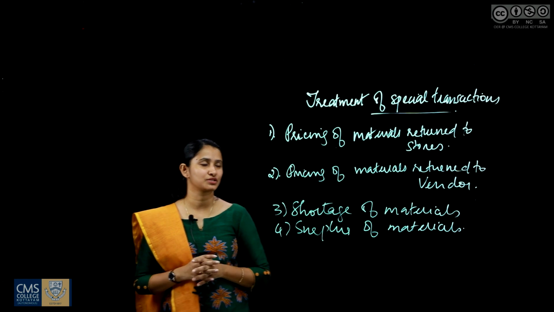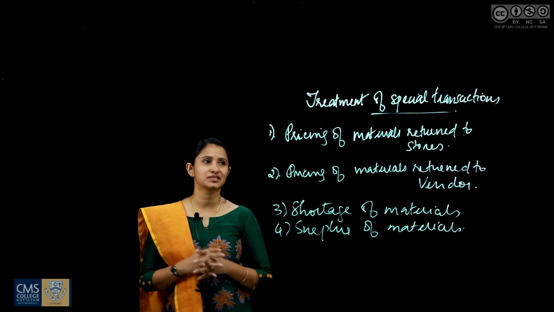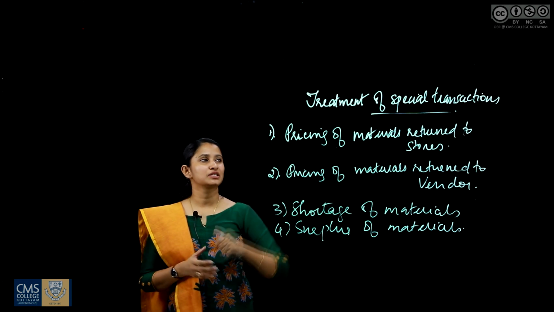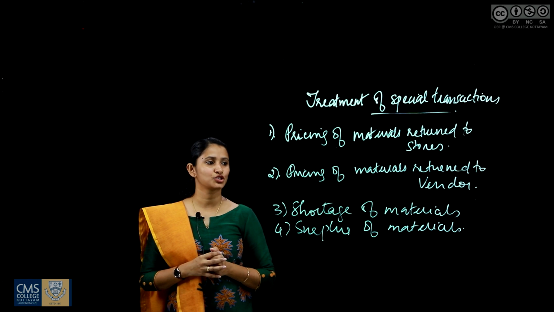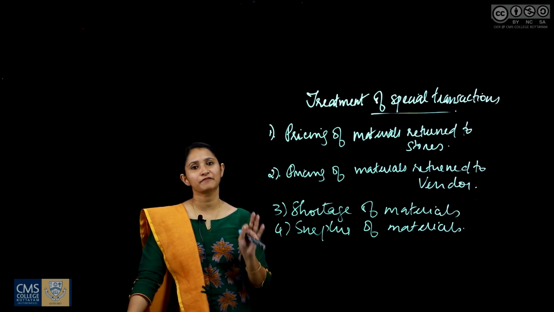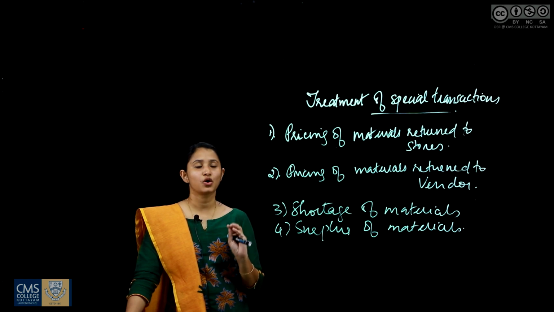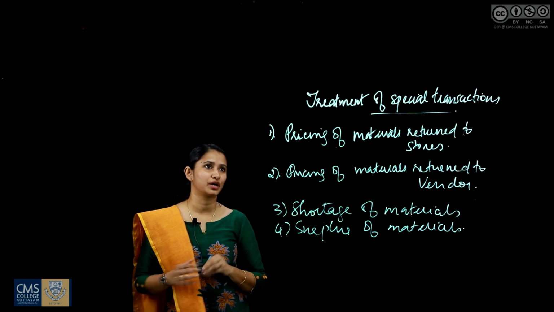So 4 types of adjustments which are common to all pricing methods are pricing of materials returned to stores, pricing of materials returned to vendor, shortage of materials, and surplus of materials. So these are 4 different kinds of adjustments or special transactions which do occur when we prepare the stores ledger account.